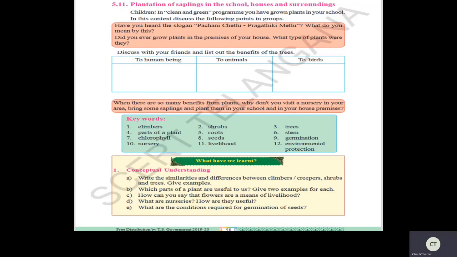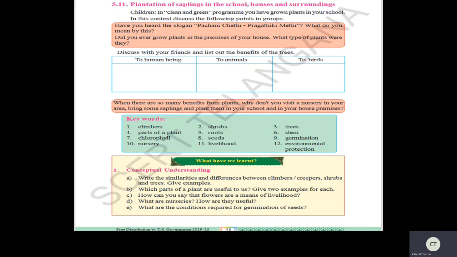So now let us see one more important topic we have to discuss, that is plantation of saplings in the school, houses and surroundings. Yes children, this is very important. Sapling means a small plant, okay, a new, tender, young plant. If you grow that small plant, it will grow into a big tree, which gives us shade, shelter, fruits, vegetables, everything, right children?